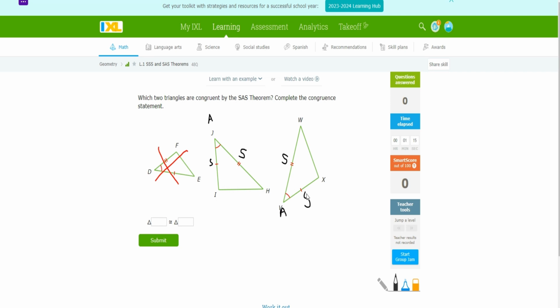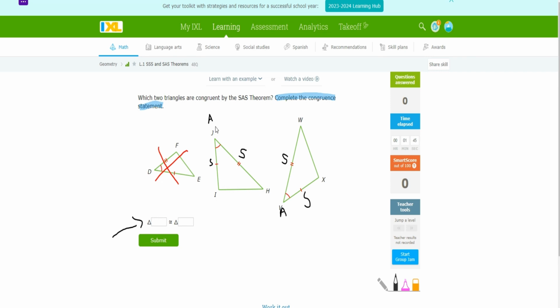Okay, so now I have to write a congruency statement, and this is how you're supposed to do it. Here you have the freedom to write whatever you want in terms of naming the triangle.